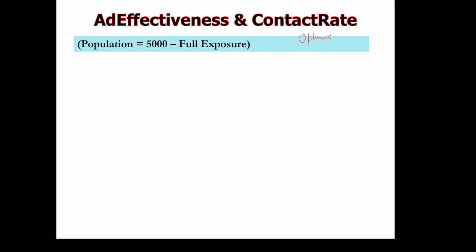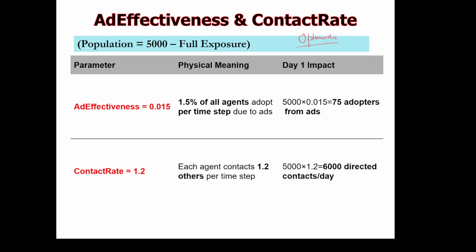By that I mean what happens when these 5,000 people come across the ads, and let's say we have an ad effectiveness of 0.015, so that means that 1.5% of this 5,000 immediately turn to adopters.